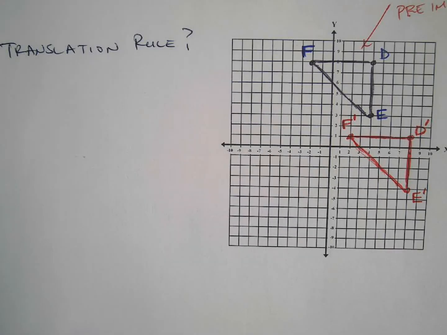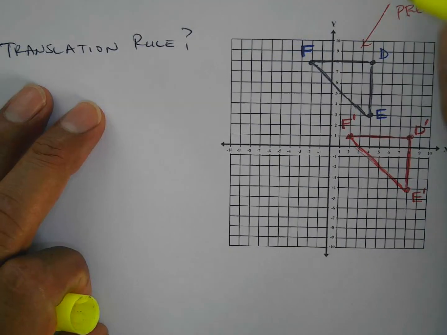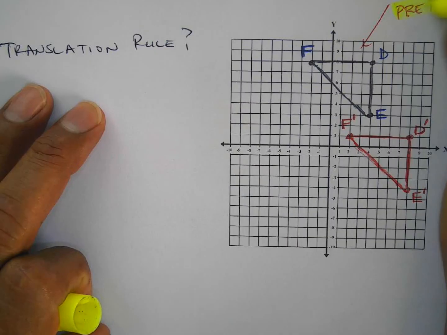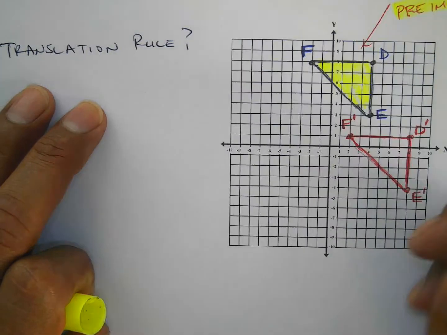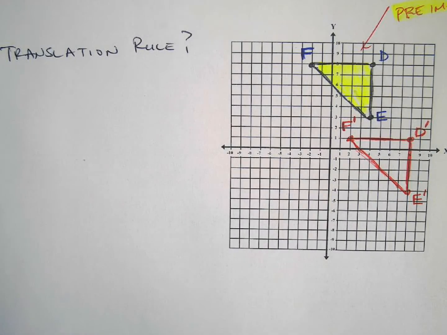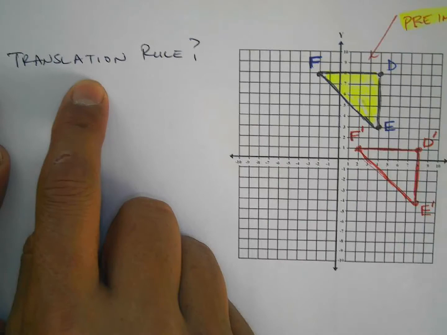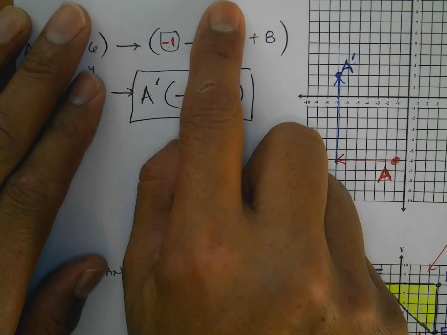If I got this one, this is the pre-image. This is the one you started with. It's not here anymore and it got moved over here. I want you to give me the directions, which is called the translation rule. That's the one that looks like this.